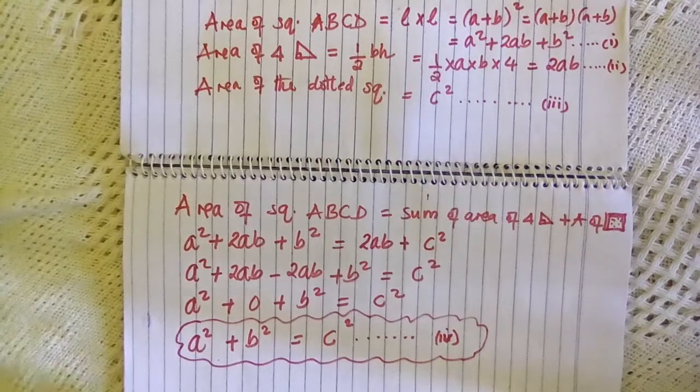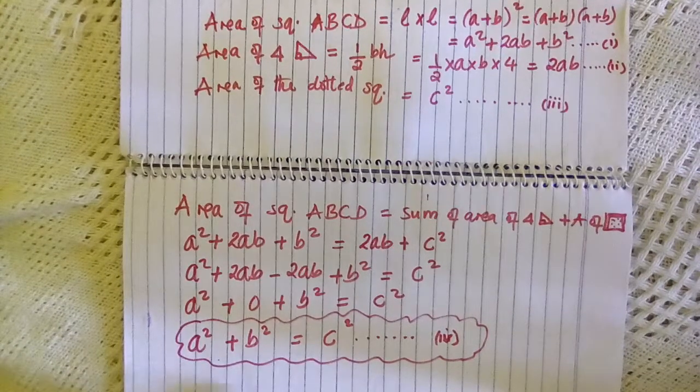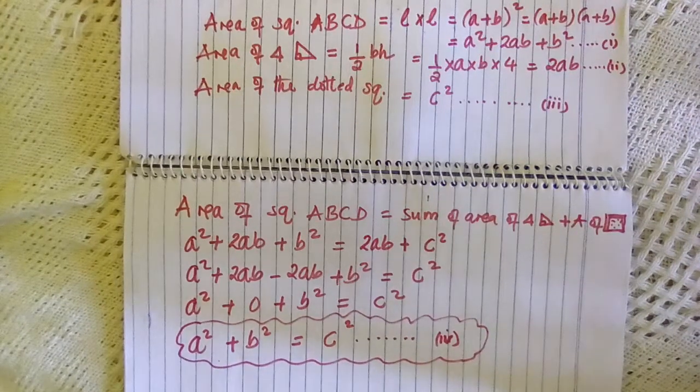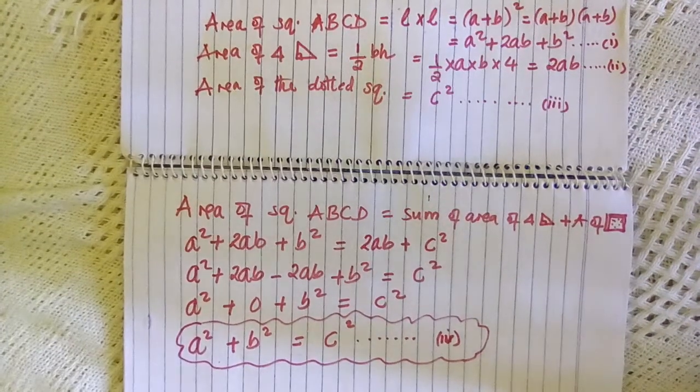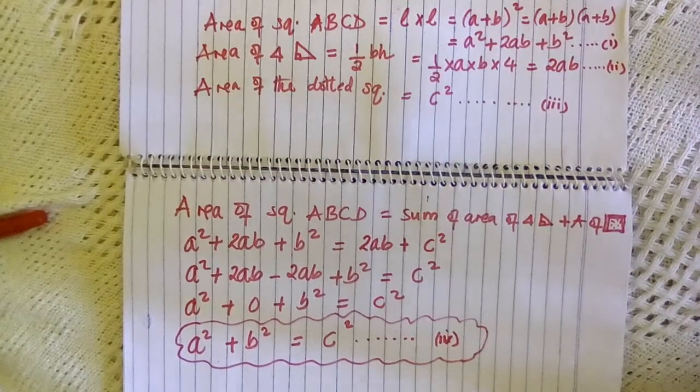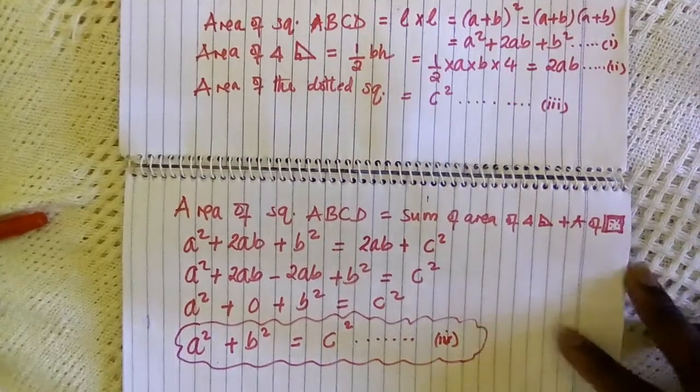So now, having seen the way we can derive this formula, we can go ahead and look at the real life application of the Pythagorean theorem. Let's go to the next page.